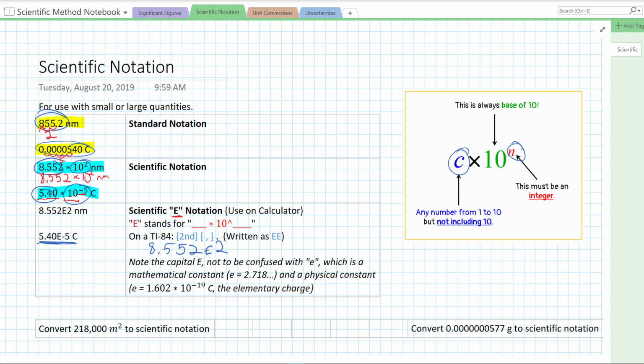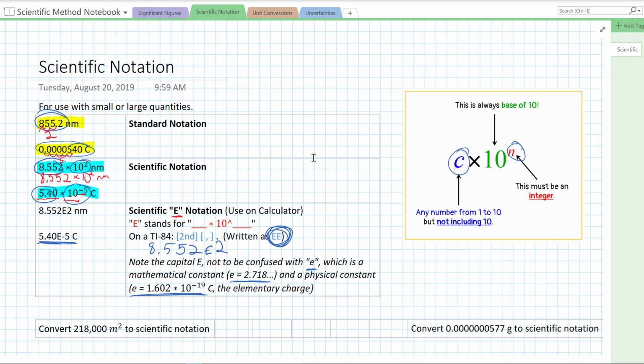Now, one thing you want to be careful about is that this is a capital E. The capital E is important because lowercase e is actually a different constant in math. In math, it's equal to Euler's constant, 2.718, which goes on forever. And in physics, it's equal to the charge on a proton. So it's really important that you use the capital E, not lowercase.